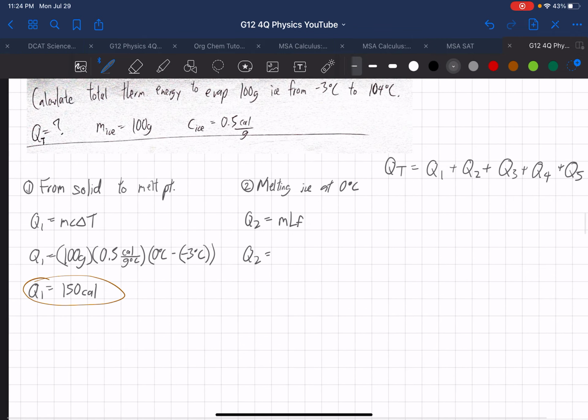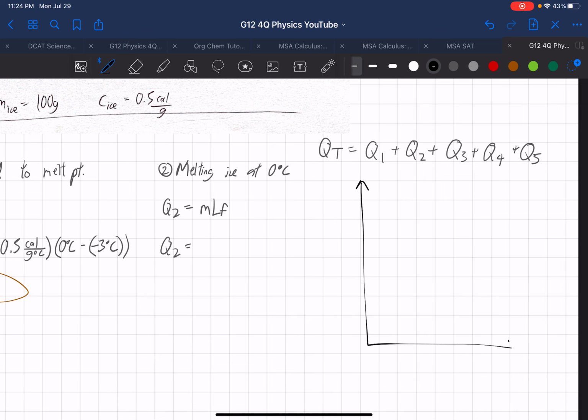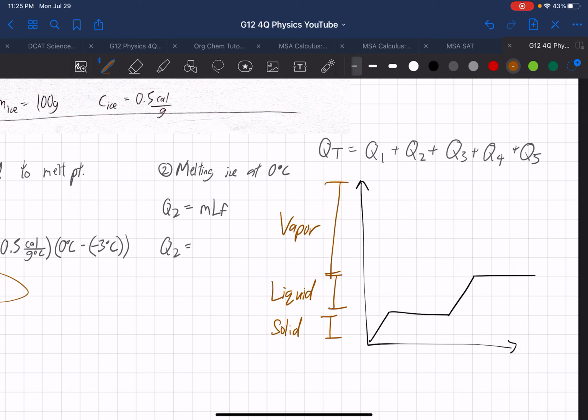Let me actually illustrate the graph right now as we're speaking. So in this part, the substances, or basically the water, is solid. It's in ice form. Here, it's in liquid form. And anything above is vapor form. In this region, from solid to liquid, liquid to solid, is the latent heat of fusion.